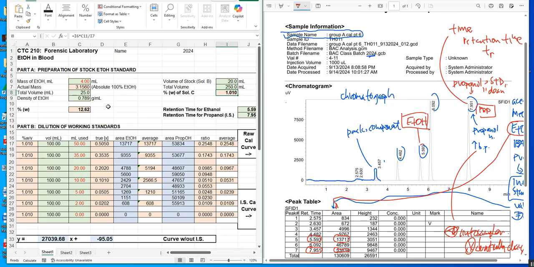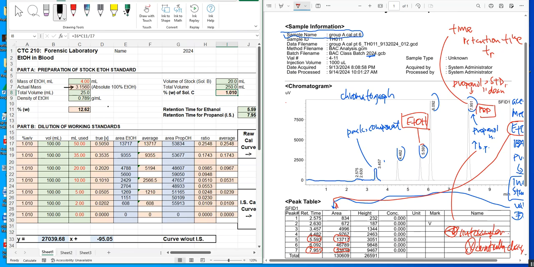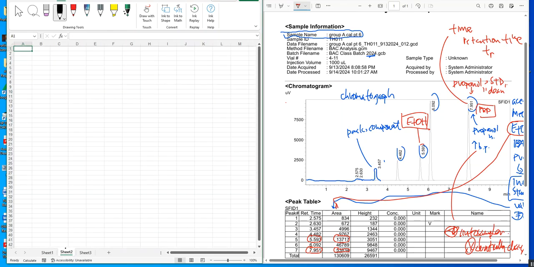All right, so 4 milliliters came from the super pure absolute jug, and then here it says actual mass. What happened here in that cell is that they took the milliliters, and let me just go to a new sheet. They took the milliliters of ethanol, EtOH, and they said, okay, this is what we pipetted, and we added this to a solution.